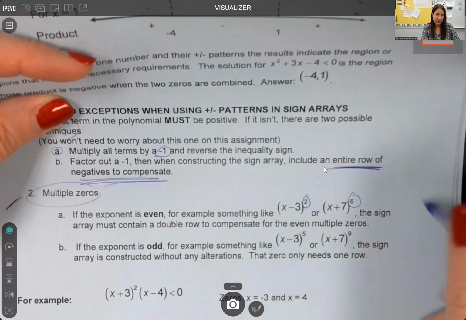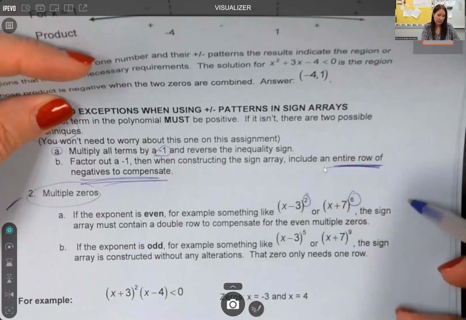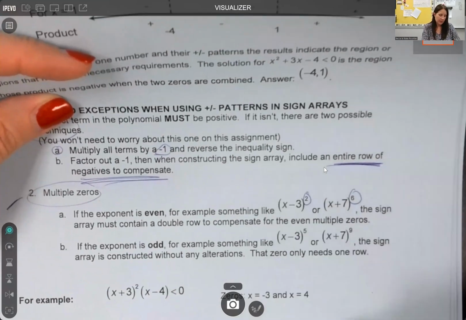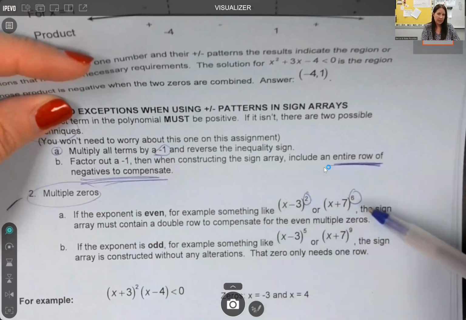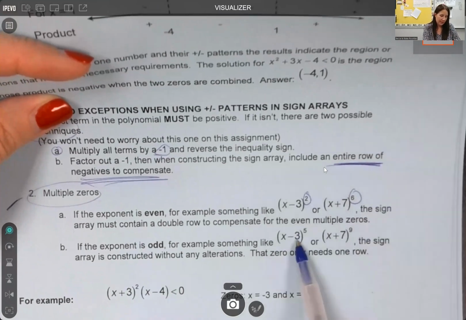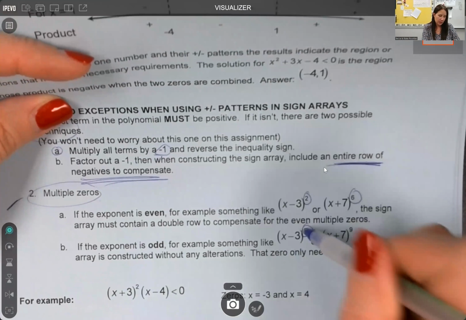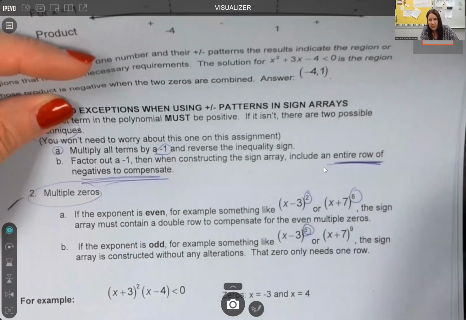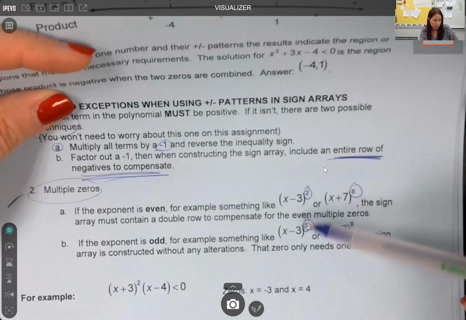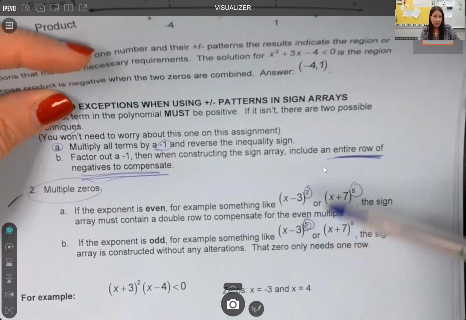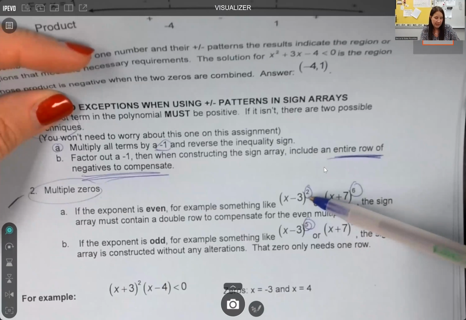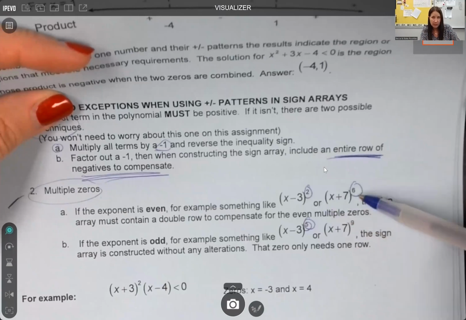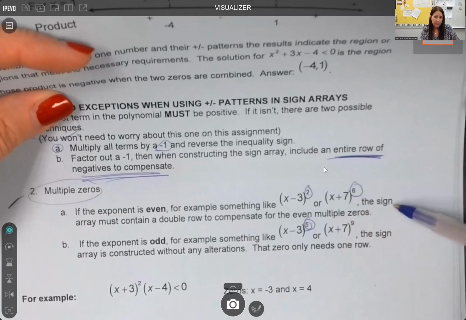So -3, I'm going to repeat my row, so twice. And then on this one, on B, if I have a 5, then I'm going to do only 1 row. Okay. If that's hard for you to remember, you can always do this same number. If it has a 2, I can do 2 rows. If it has a 6, I can do 6 rows. But 2 rows would be enough for any even number.